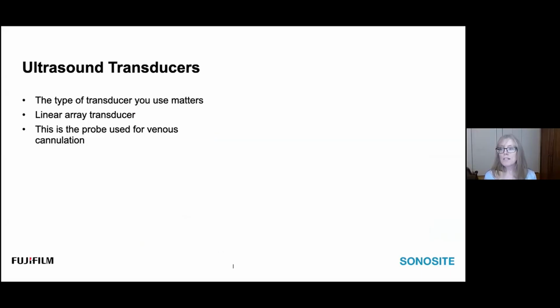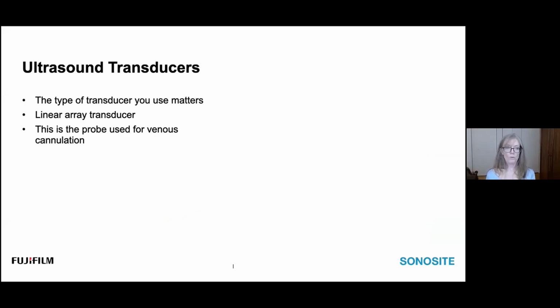When it comes to the type of ultrasound transducers or probes, that matters. You need to have the correct one for the ultrasound imaging that you're going to be doing. So in the case of vascular accesses and guided cannulation in the hemodialysis unit, a linear array transducer or probe is what is needed.